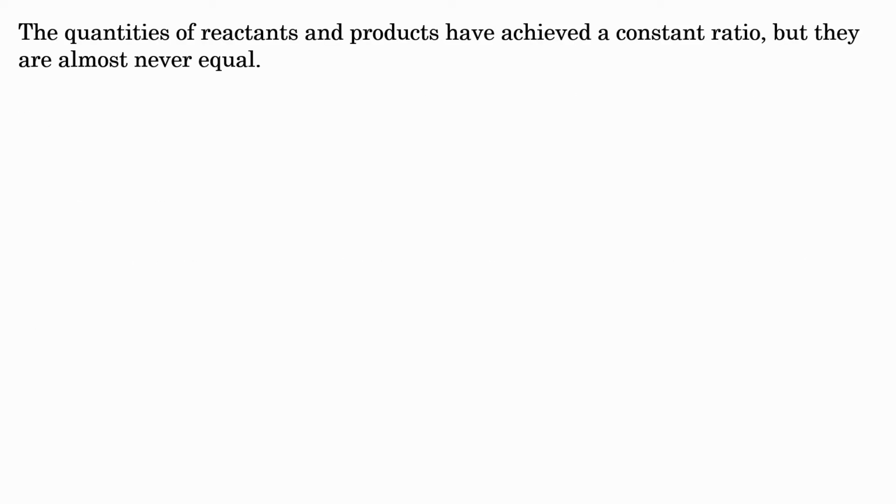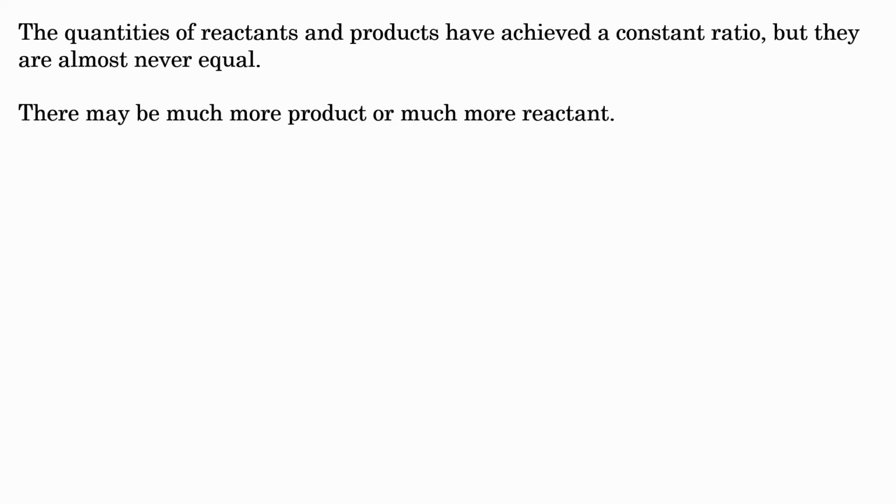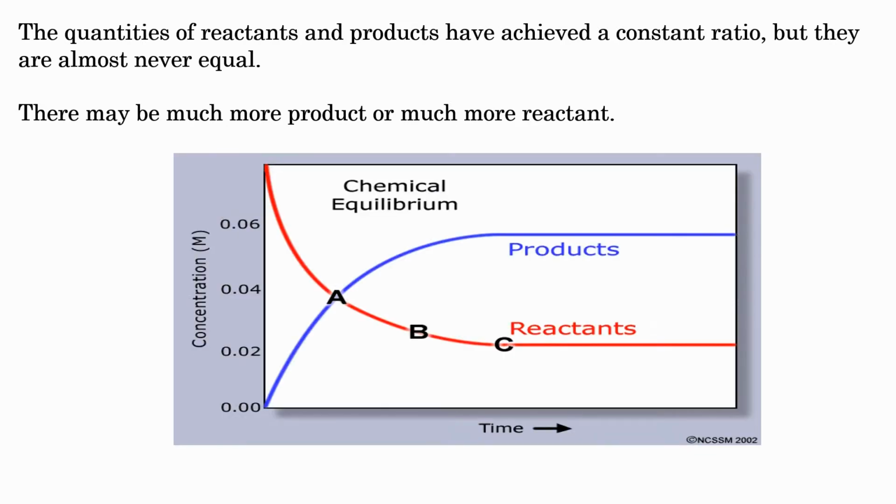The quantities of reactants and products have achieved a constant ratio, but they are almost never equal. There may be much more products or much more reactants. This illustration shows that initially the concentration of the reactants is high, but as time proceeds, an equilibrium is reached where the concentration of reactants is much lower than the products.